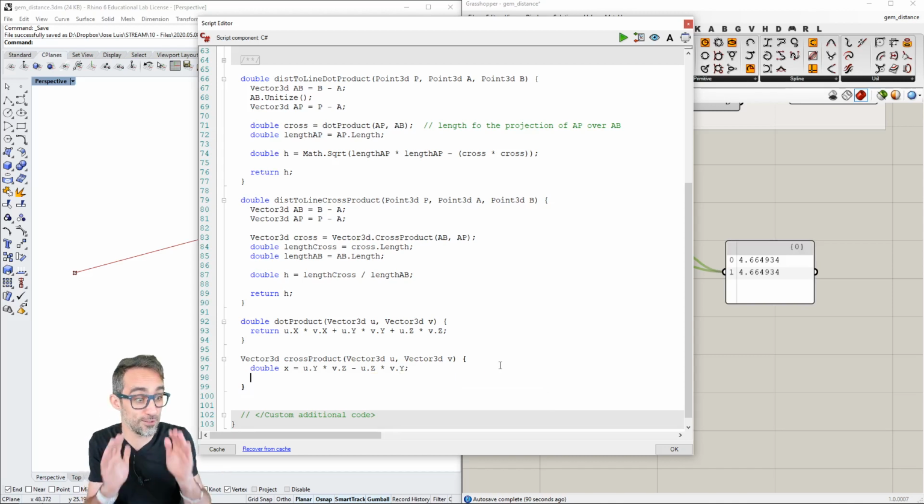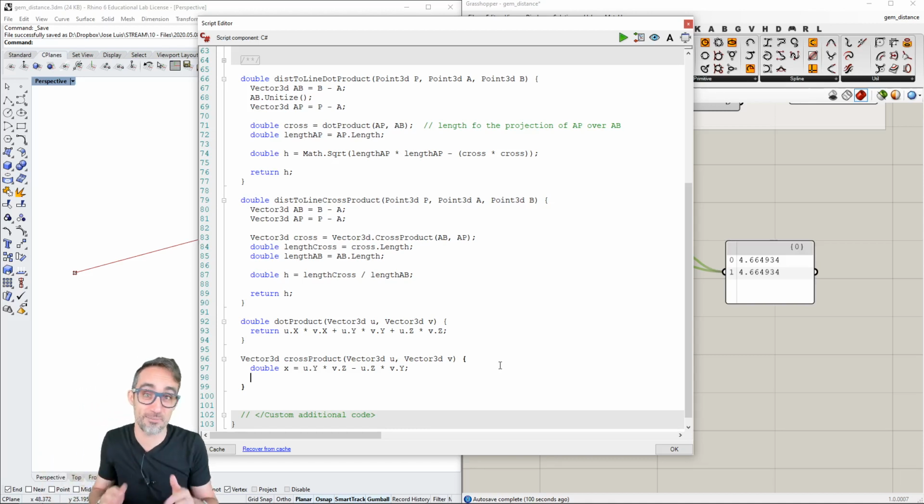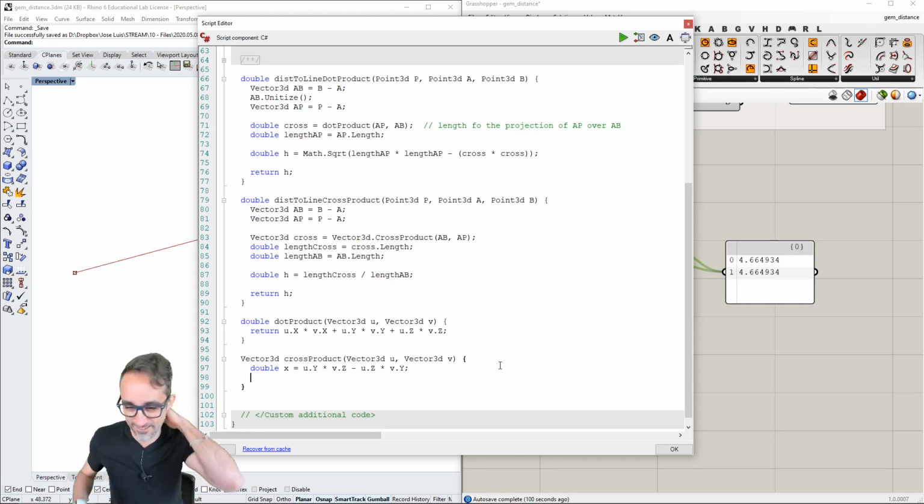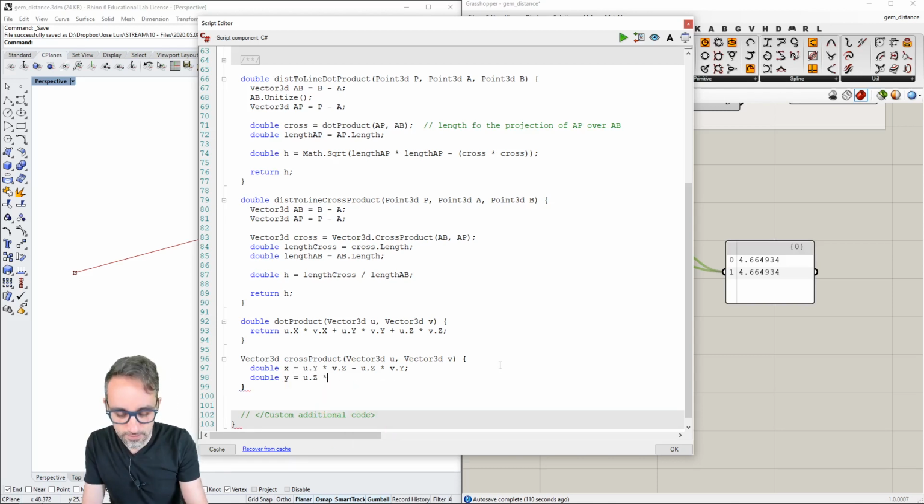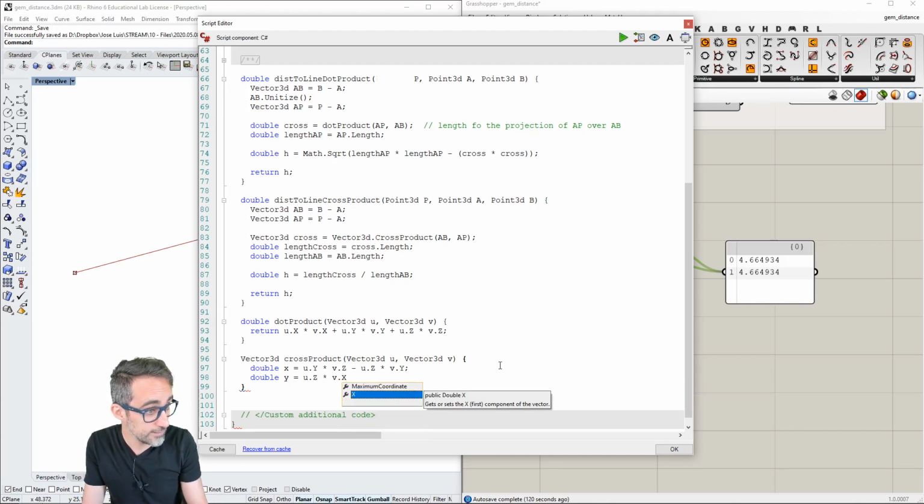It's very important that you do this super carefully, because it's very easy to confuse z, y, v, and so on. If you mess this up, it's really hard to debug and find. So I'm going to be super, super careful. So y is going to be equal to u.z times v.x, right? Yes.